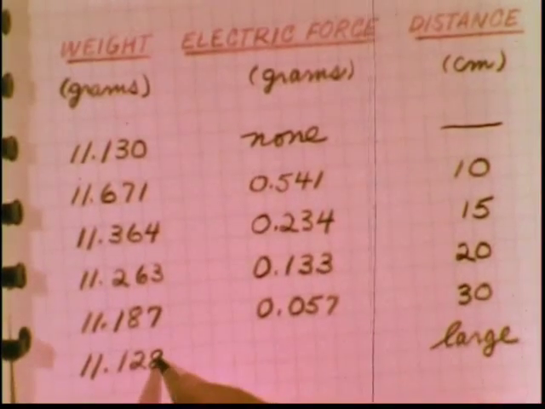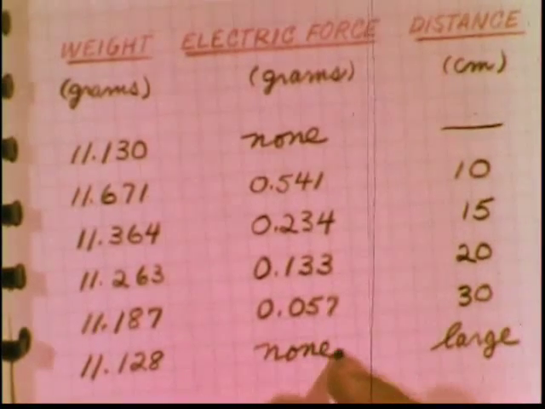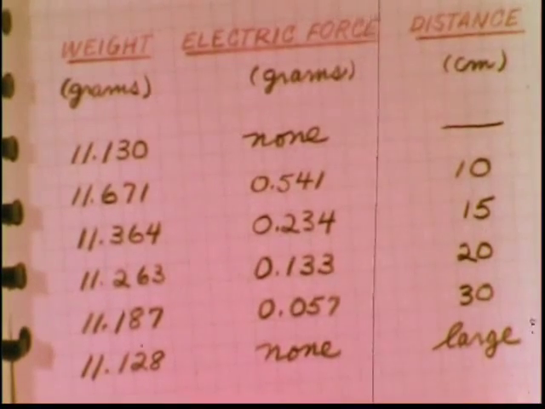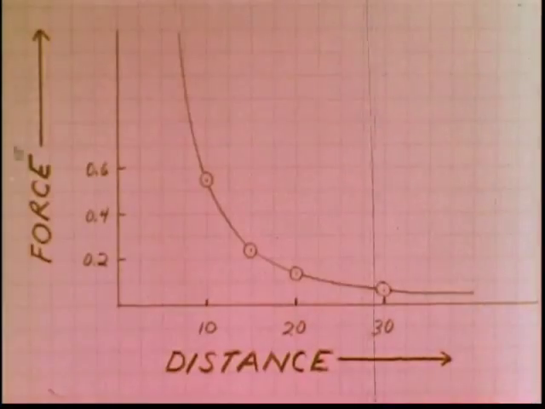At a very large distance, the electric force is so small that, for our purposes, we can consider there is none. When these values for the electric force at each distance are plotted, they give a smooth curve.